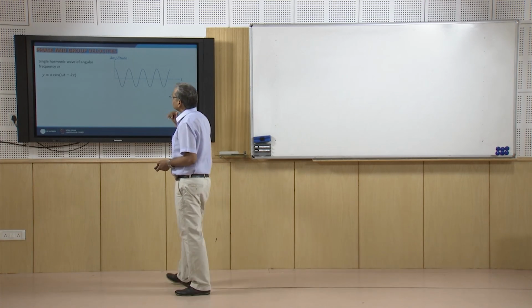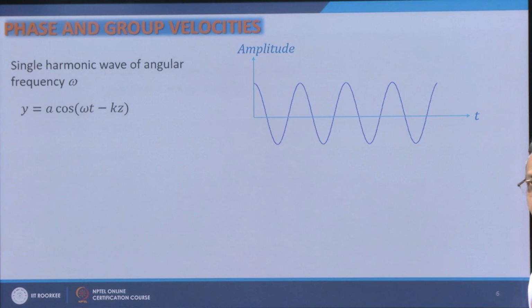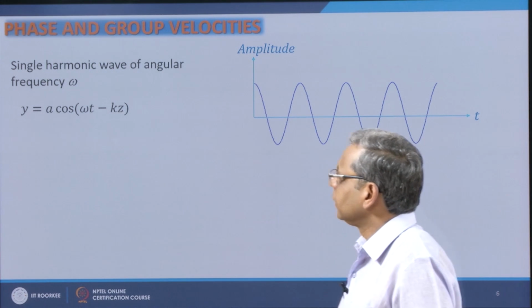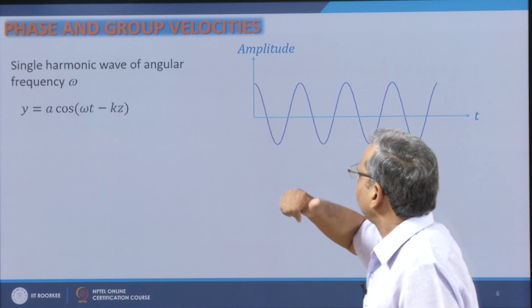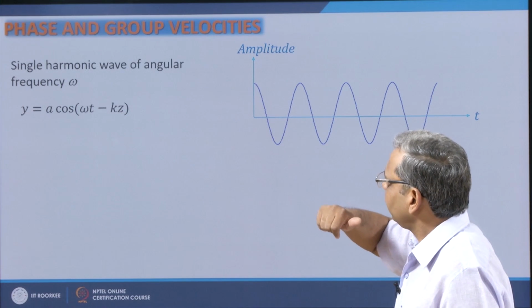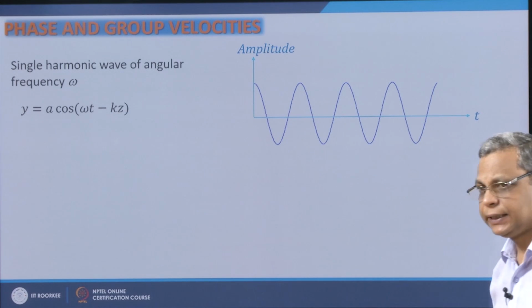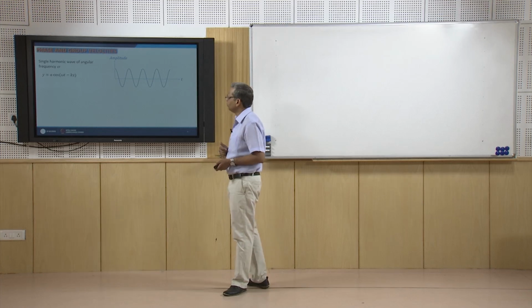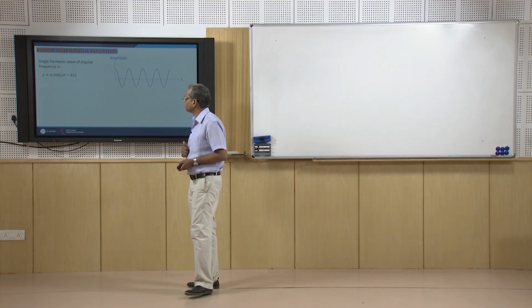So, if I first consider a single harmonic wave of angular frequency omega, which is propagating in the z direction, I can write the displacement of this wave as y equals a cosine of omega t minus kz, where a is the amplitude, omega is angular frequency, and k is the wave vector.